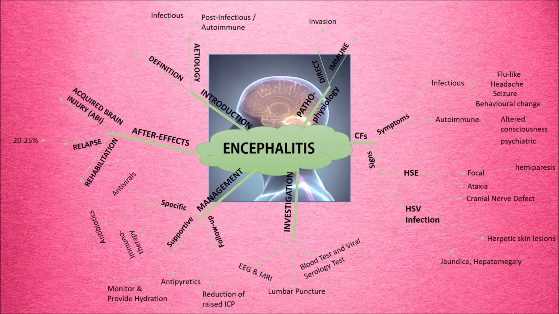For example, the patient may have herpetic skin lesions, jaundice, and hepatomegaly. The signs of encephalitis may be diffuse or focal, based on where the encephalitis occurs, whether it involves only one place in the brain or is diffusely spread.